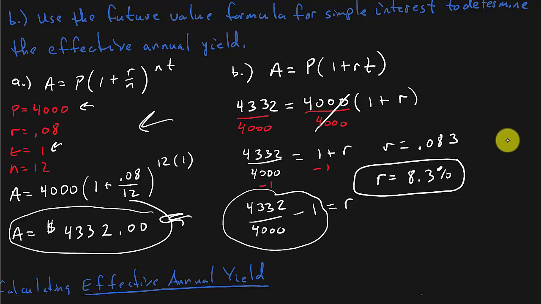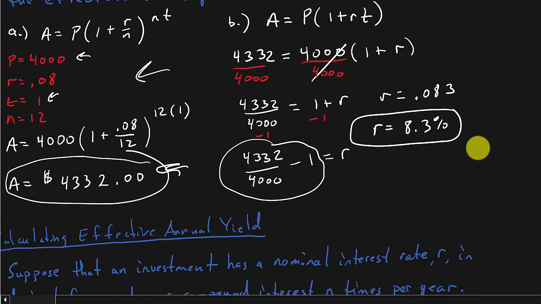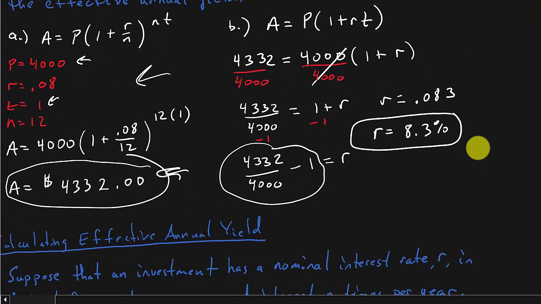Now, some terminology here. The 8%, this right here, is called the nominal rate. And the 8.3% rate is called the effective rate.